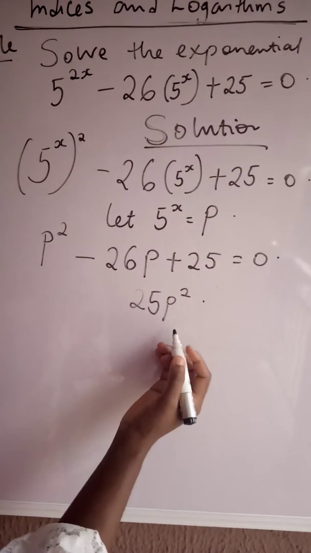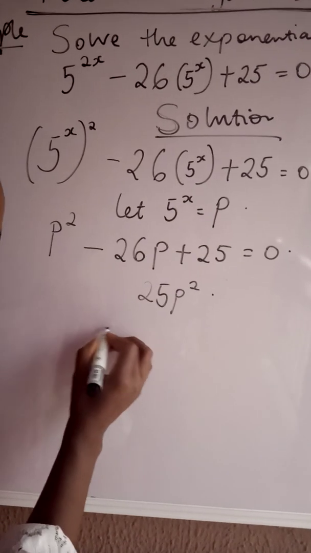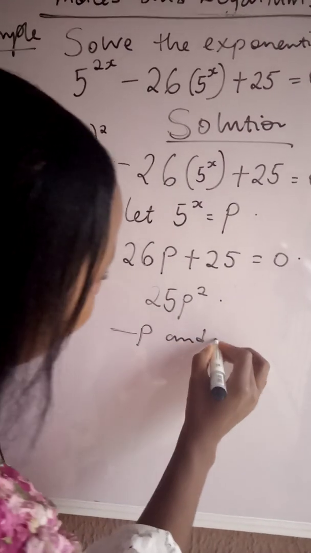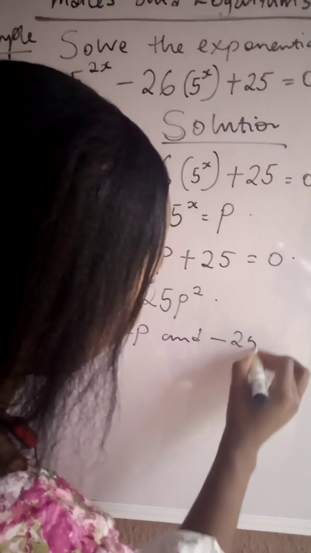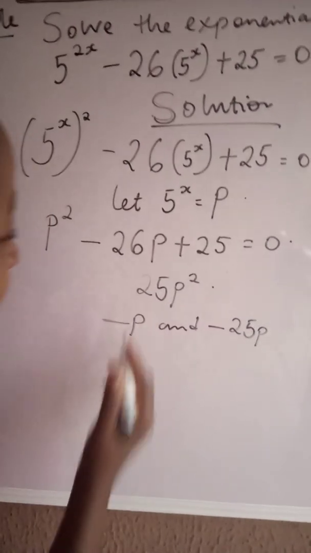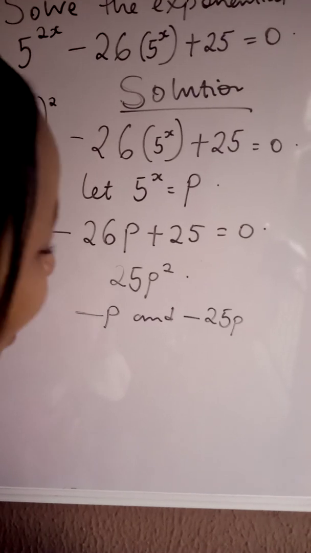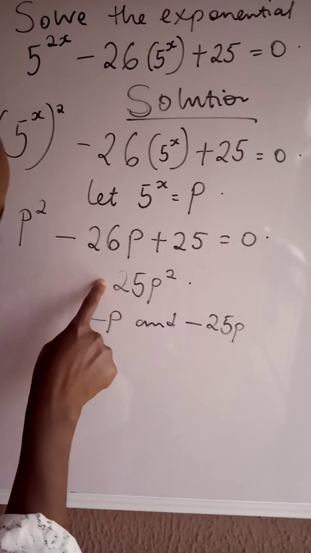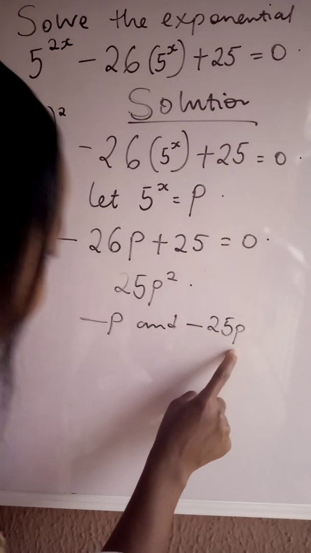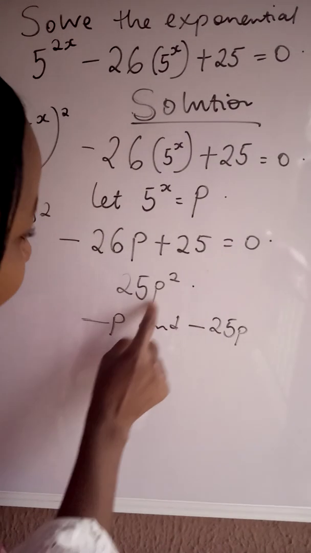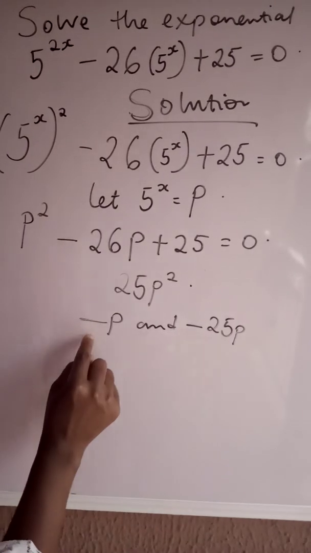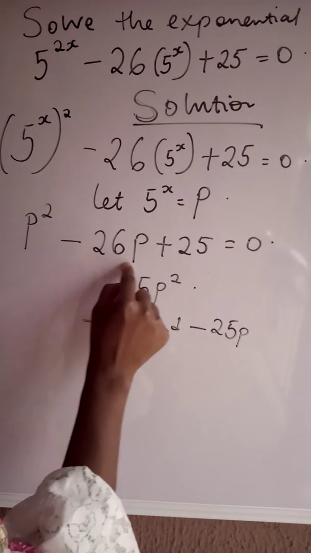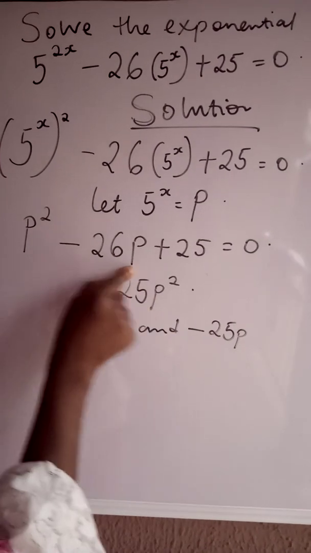And the two factors are minus p and minus 25p. Minus p times minus 25p: minus times minus will give us plus, then p times 25p will give us 25p squared. Then minus p minus 25p will give us the middle value, that's minus 26p.